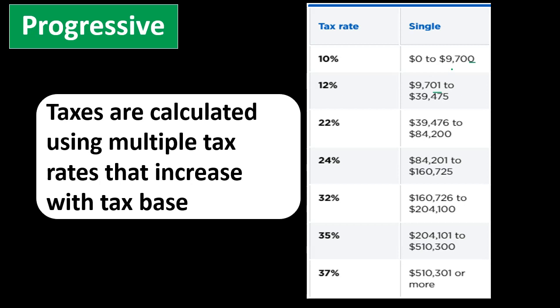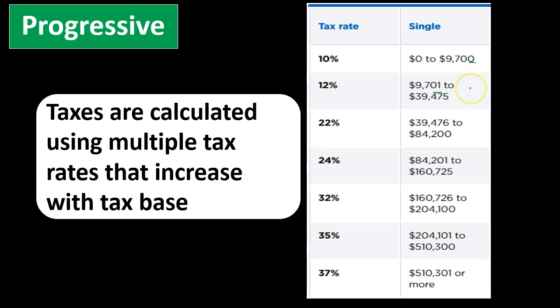And this is what makes it more complicated, because that means that we have to tax some portion of it, 9,700 in this case, at the 10%, and then whatever portion is above the 9,700 but not higher than the 39,475 at the 12%, and then add those two together. And so if somebody made something between 39,476 and the 84,200 and was single, then we would have 9,700 taxed at 10%.